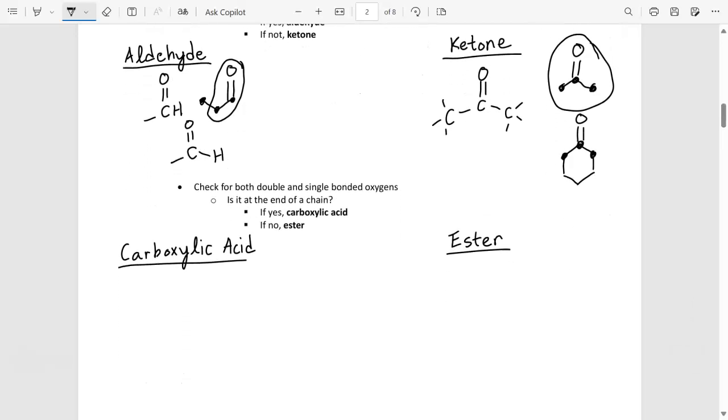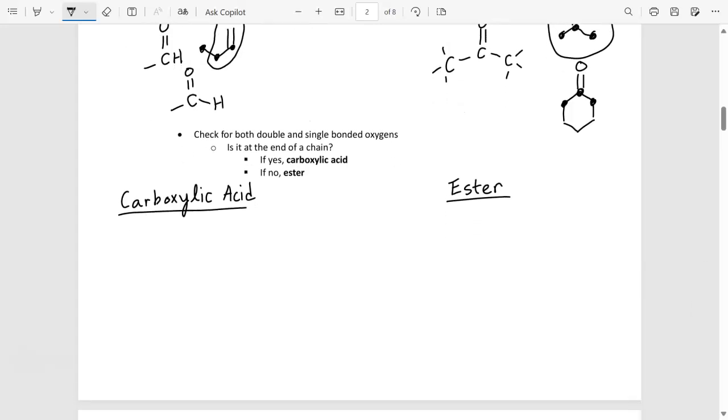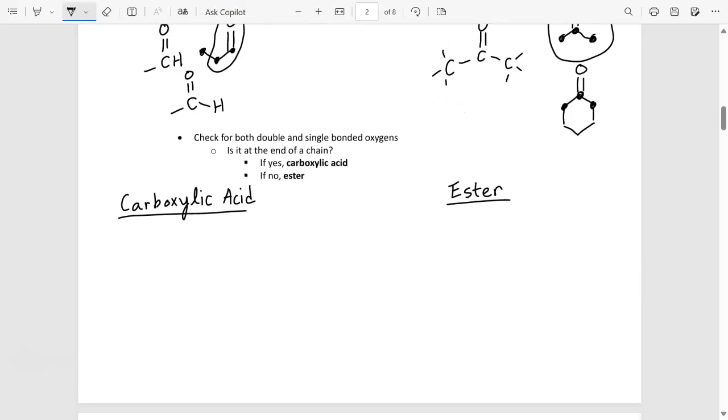Okay, and then the last two are if we have both a double and a single bonded oxygen attached to the same carbon. So keep in mind that when we're saying check for double and single bonded oxygens, that needs to be attached to the same carbon. So again, we're asking if it's at the end of the chain. If it's at the end of the chain, we have what's called a carboxylic acid.